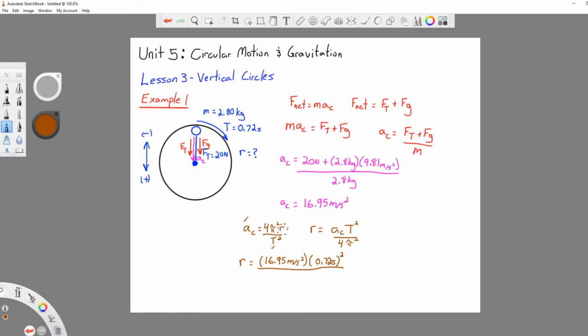All right, then we're going to divide this by 4 pi squared. And we get the final answer, a radius of 0.22 meters. I believe this question only has 2 sig digs, so we can leave it in that form right there. And put a box around it. All right, that's all there is to this one.